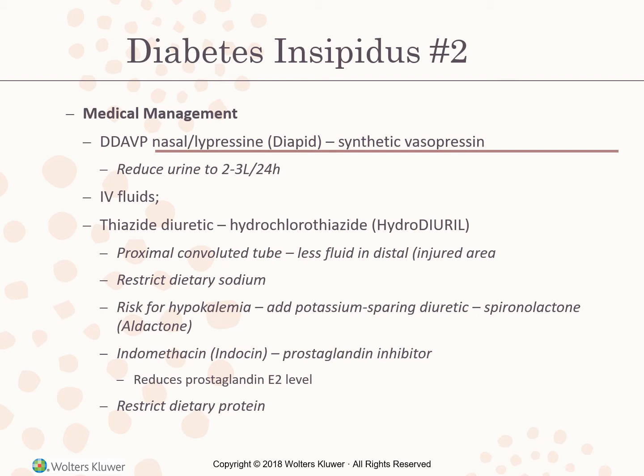So, DDAVP, which stands for desmopressin acetate, and lypressin, which is Diapid. Desmopressin acetate and lypressin nasal spray are synthetic drugs with antidiuretic activity that reduce urine output to 2 to 3 liters every 24 hours.